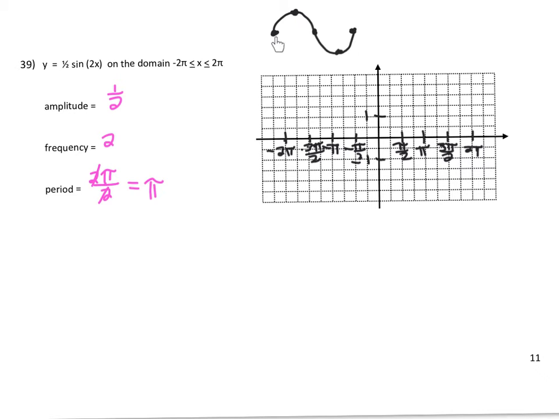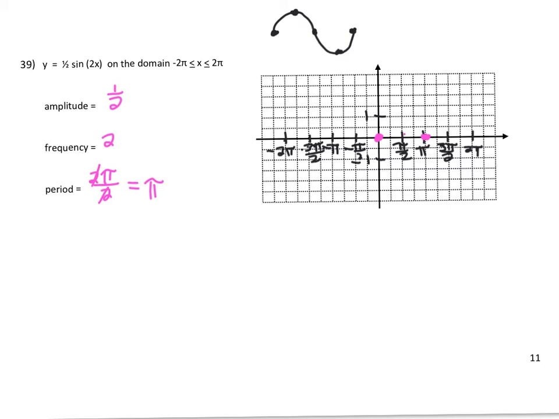So since sine starts on the midline, the middle height, and ends on the midline, the first thing I'm going to do is put the starting point of our cycle at (0, 0), and the ending point of our cycle at (pi, 0). Remember, we're fitting one cycle between 0 and pi. And halfway between the first and the fifth point, we're again on the x-axis.